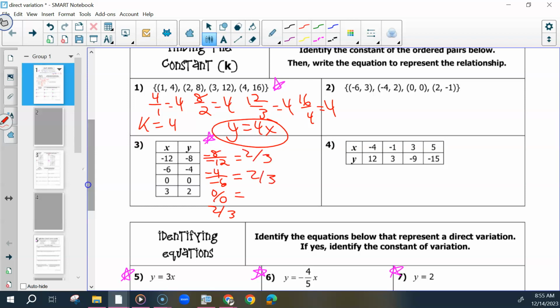This one was already 2 over 3. 0 over 0 wouldn't give you an answer, so you would probably think, oh, we don't have a constant k because it's not constant throughout.